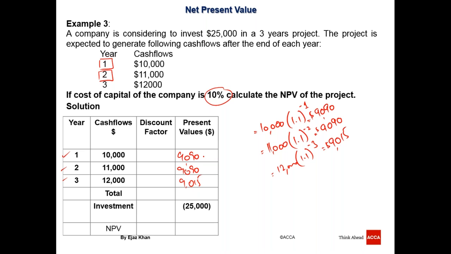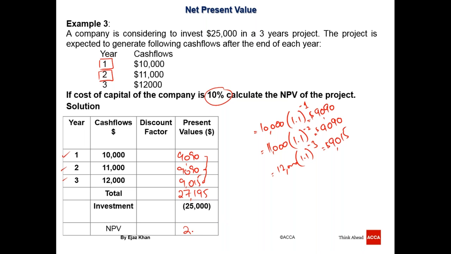Now we need to sum all these present values to see the total amount that should be invested for this project. 27,195. So the maximum that this company should invest for this project is 27,195, whereas the required investment is just $25,000, which is lower than the maximum that should be invested.